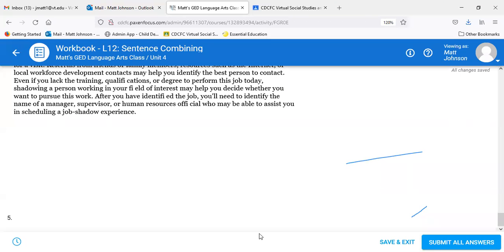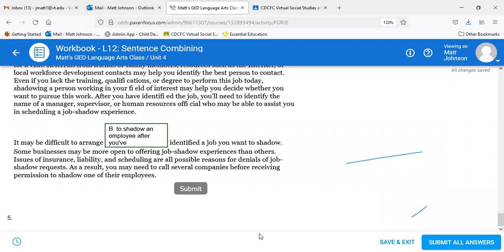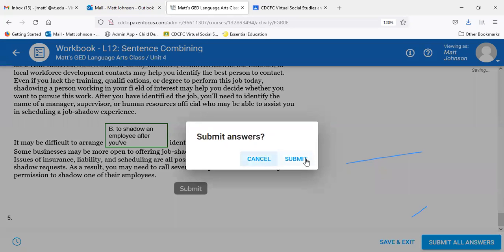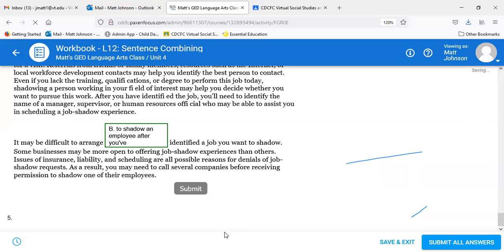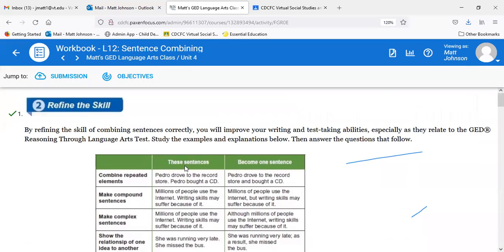Everybody able to get all the answers? The thing about the exercises here is sometimes it's a little difficult to make sure that you understand their context and what they're going for. Some of them are straightforward.